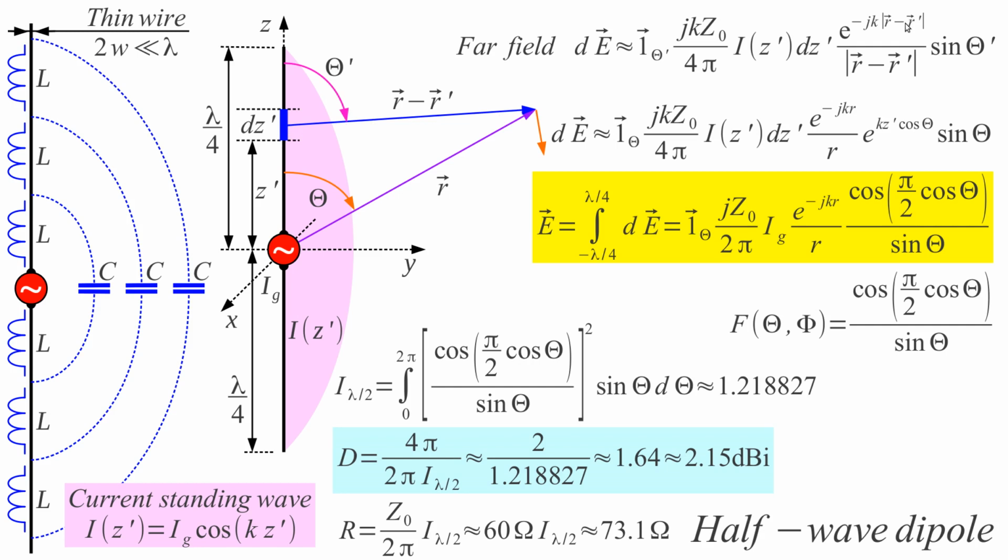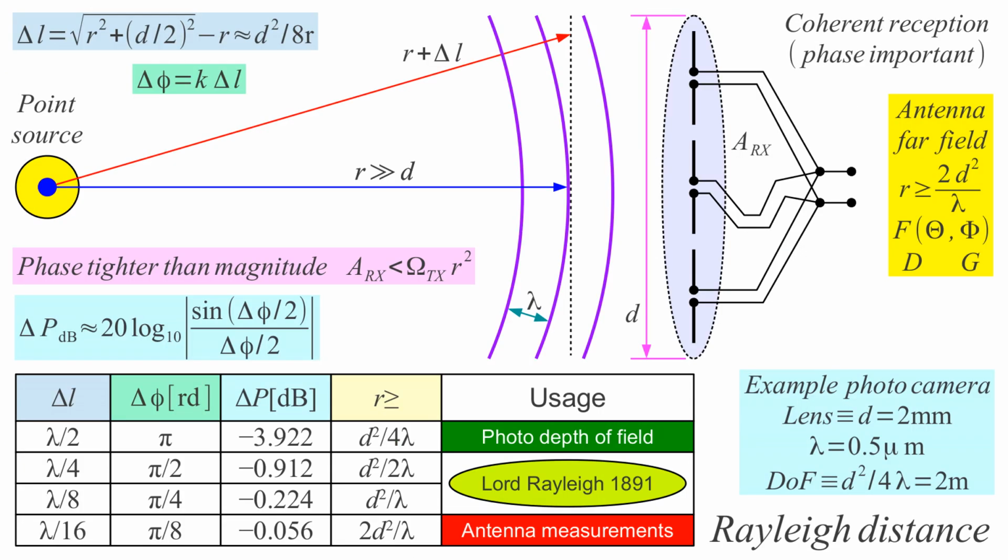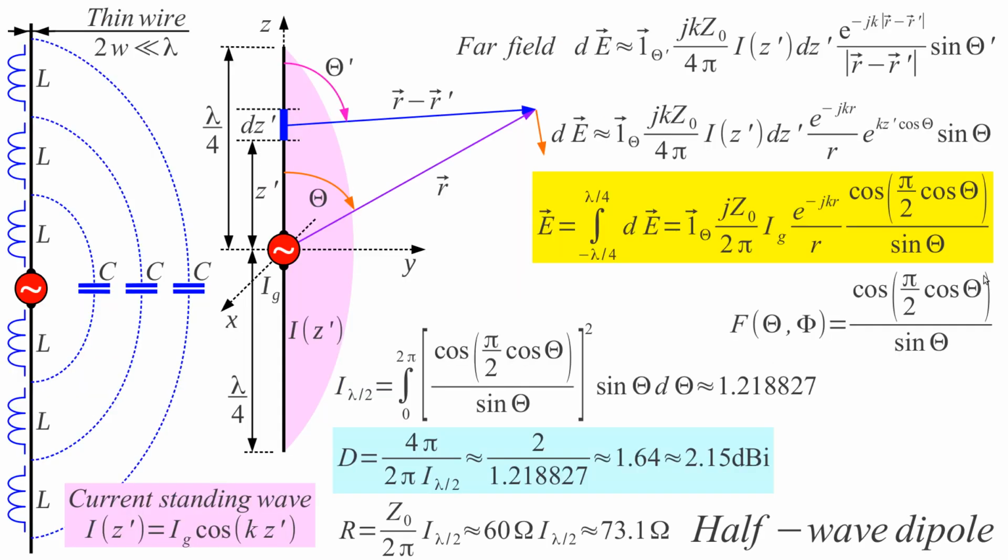But we know from our previous example that at large distances, phase is the important property. Phase changes are the only ones that are important for the sum. Amplitude changes are not that important. So looking at the derivation of the far field, dE, I can simplify this sine theta prime with just sine theta.